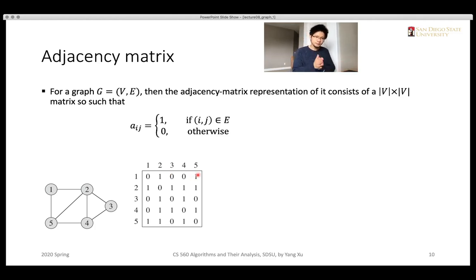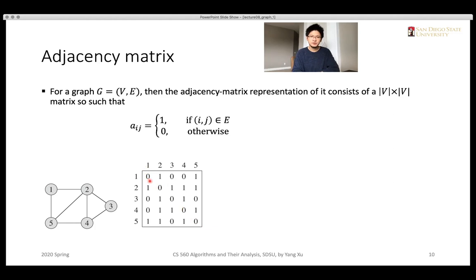And this is an undirected graph. So interestingly, this whole matrix is a symmetric matrix along the diagonal direction. So if you transpose the matrix, it remains the same.